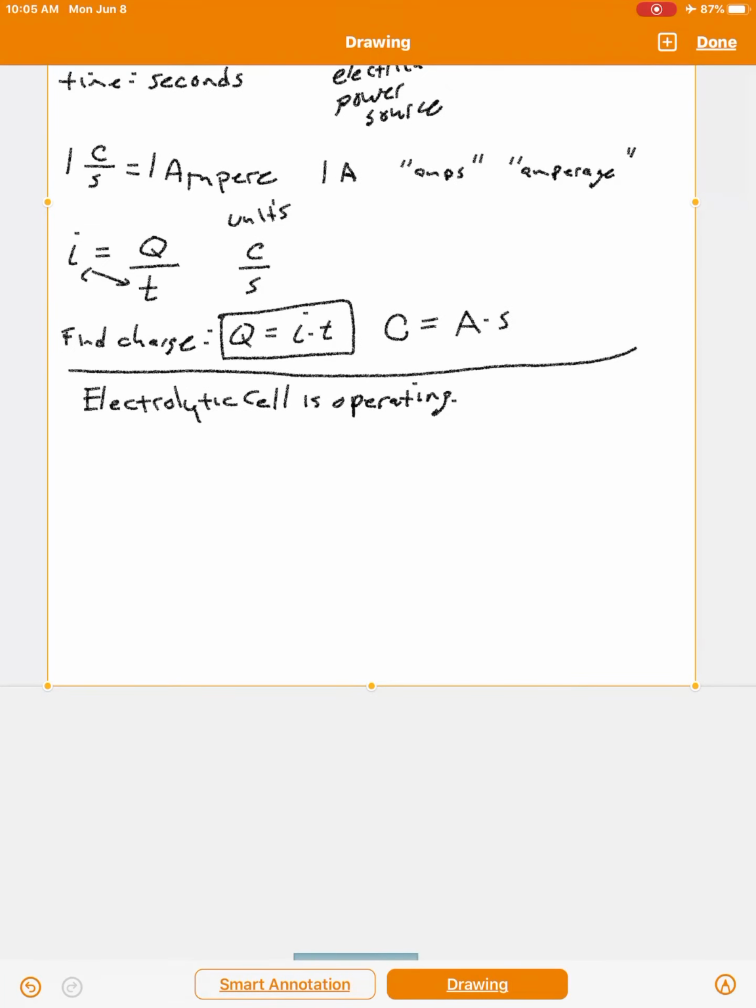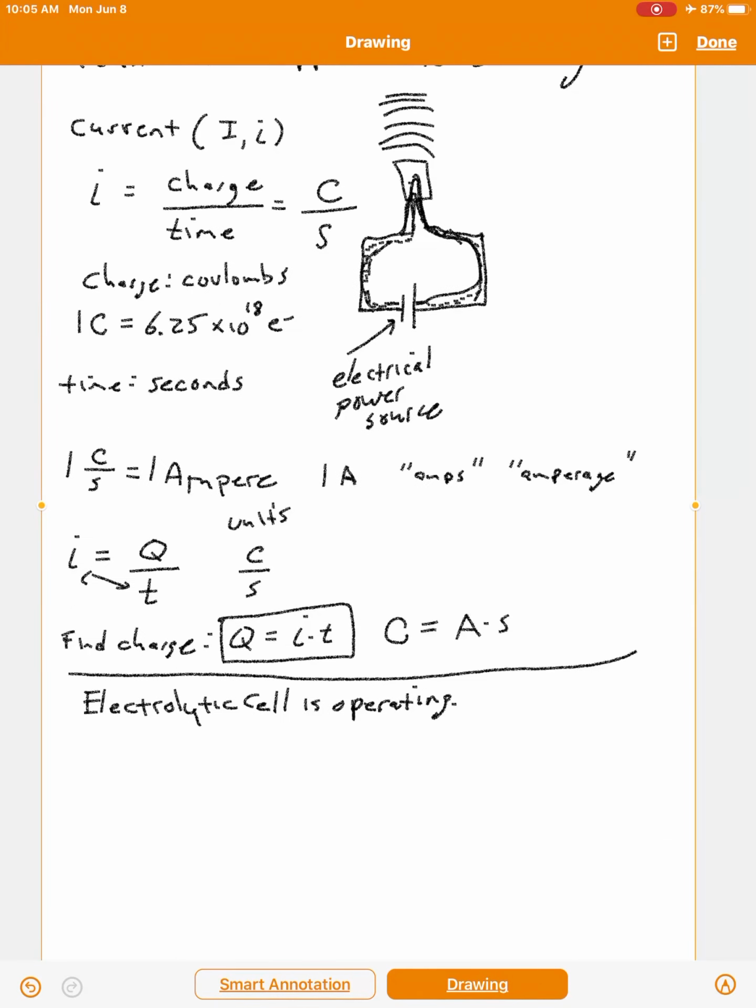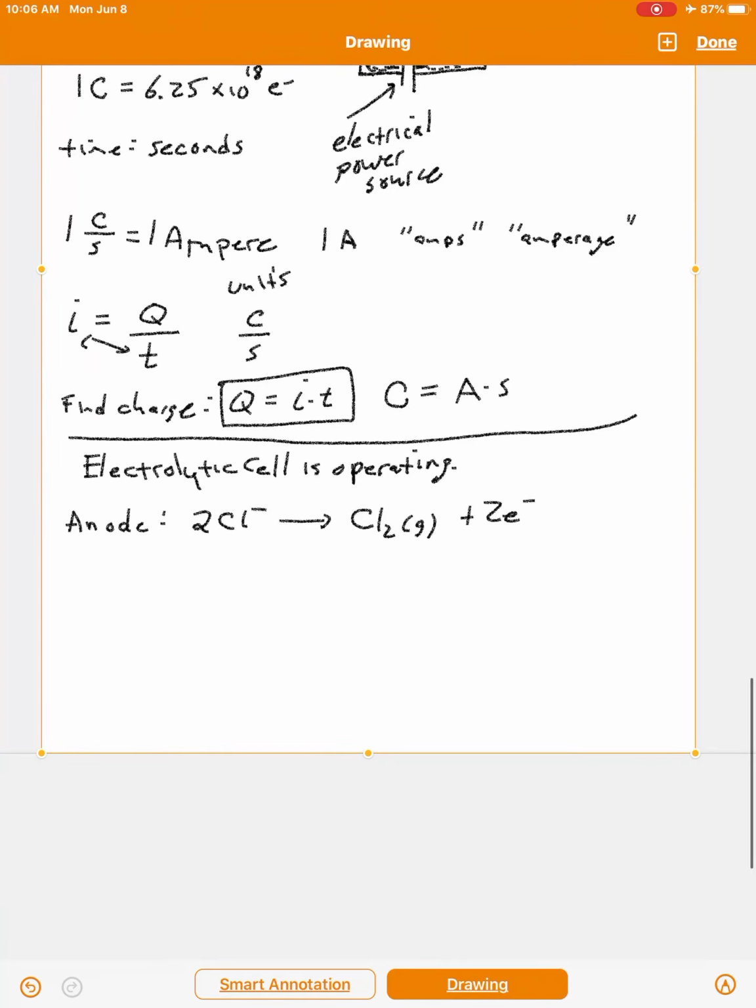And so the actual reaction we're going to look at is the example where the half reaction occurring at the anode is two chlorides producing chlorine gas plus 2 electrons.